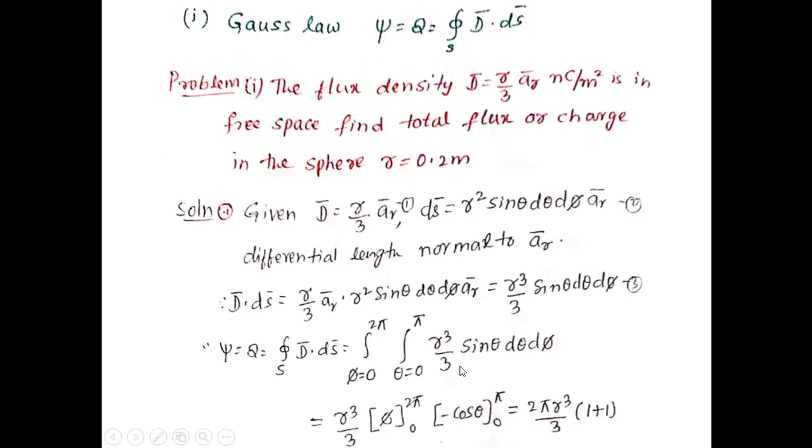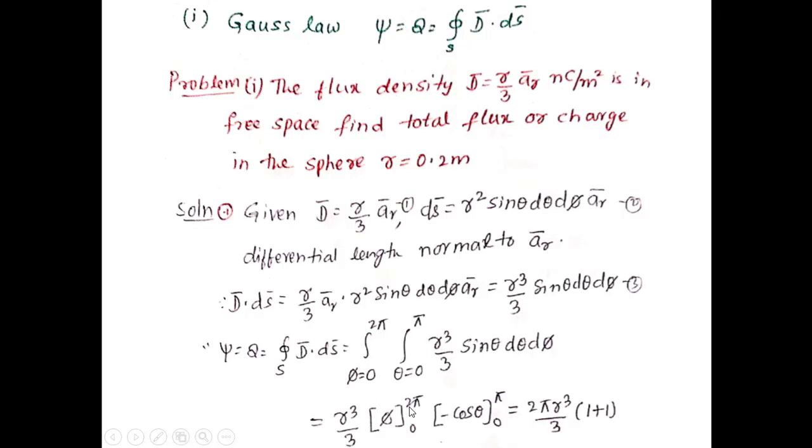Here r cube by 3 is independent of the integration, therefore it is constant and is taken outside. r cube by 3, integration of d phi is phi, apply the limit 0 to 2 pi, integration of sin theta is minus cos theta, limit from 0 to pi.